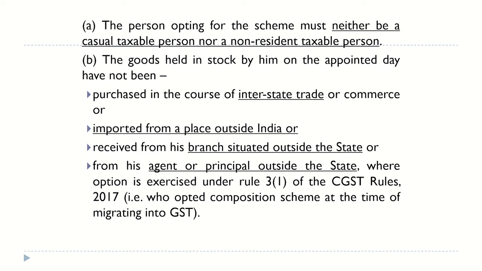The goods held in stock by him on the appointed day must not have been purchased in the course of interstate trade or commerce, or imported from a place outside India. That is, they must not have been purchased from outside India, or received from his branch office outside the state, or from his agent or principal outside the state. That becomes an interstate transaction, and hence the composition scheme is not eligible in such cases.